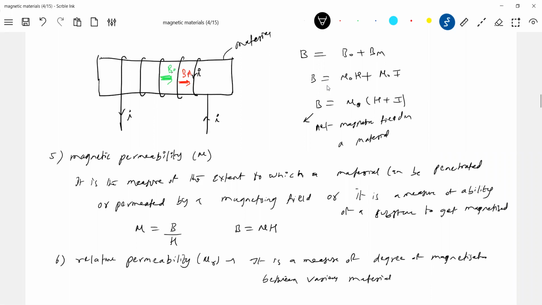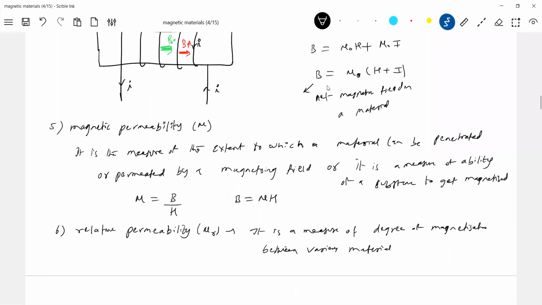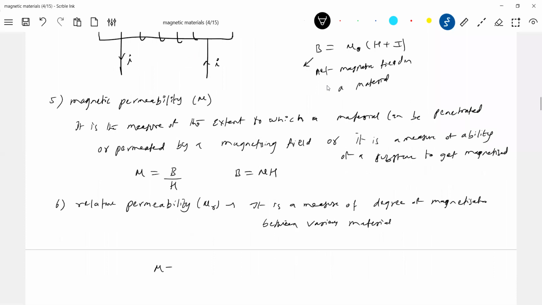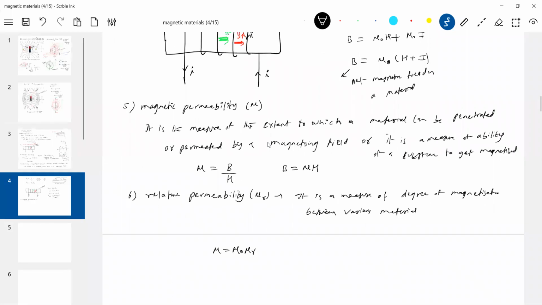Compared to iron, what about copper? So whom should I take as reference? The free space is the reference. So for that purpose, mu is written as mu naught into mu r. I think you got the exact picture now.